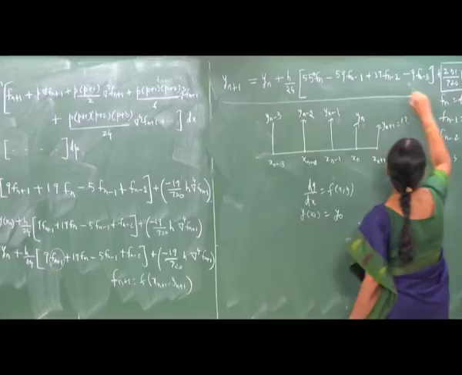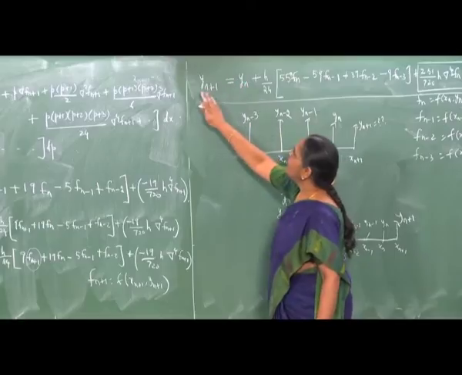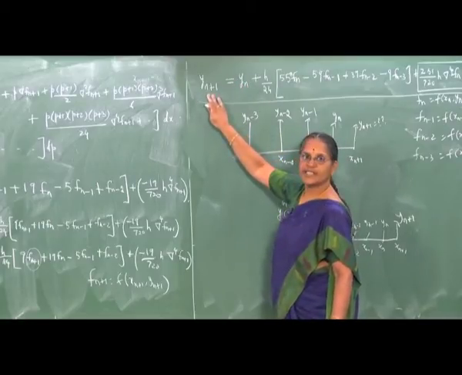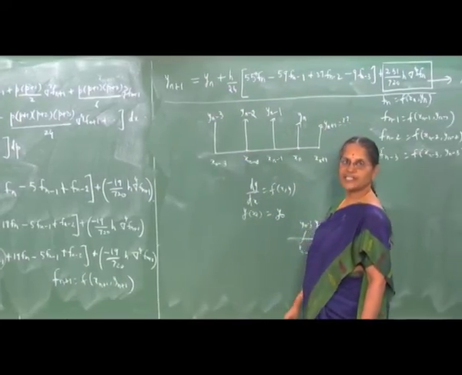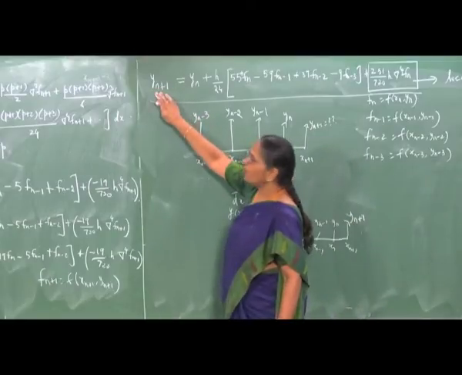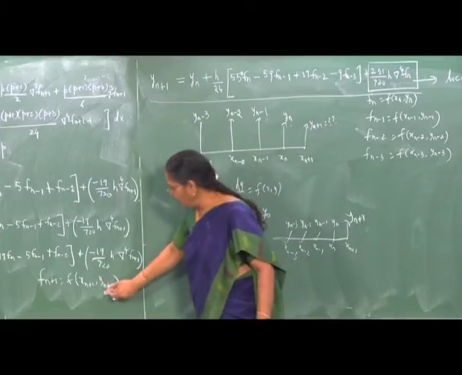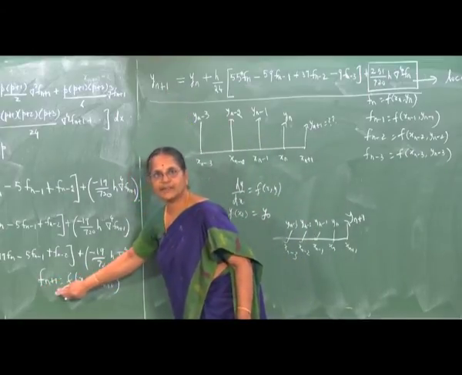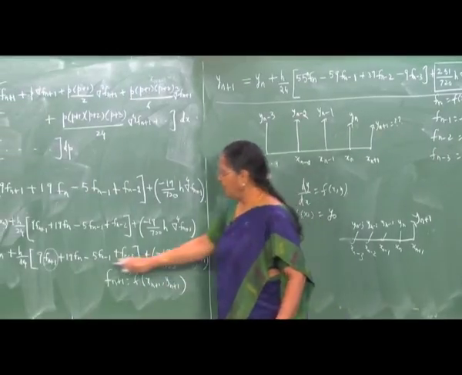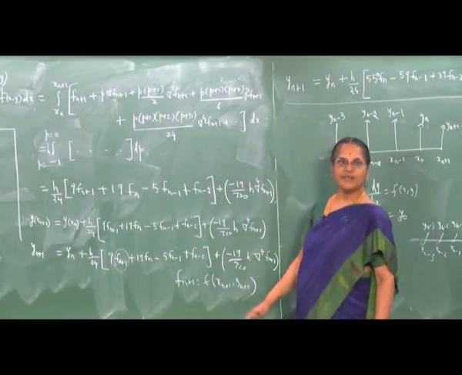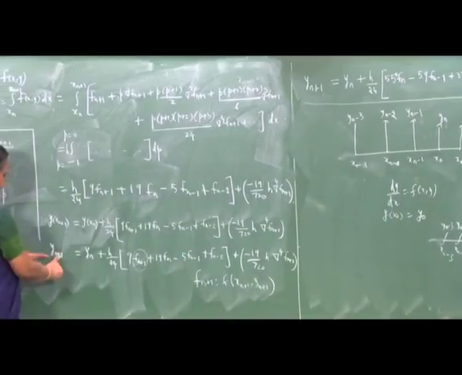Recall, this is the method that we had derived earlier, where we are able to write down what yn plus 1 is when we have information at a set of previous points. So, we use this yn plus 1 obtained using this method in evaluating what fn plus 1 is. Then we know what fn plus 1 is. Of course, the other values can be computed with the available information. So, we obtain the value of yn plus 1.